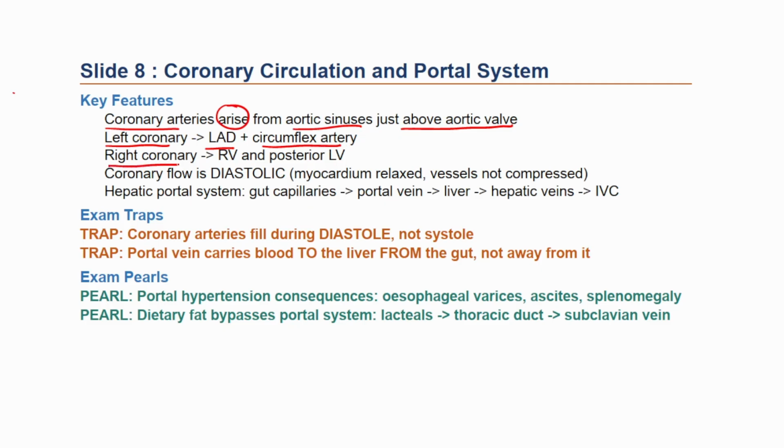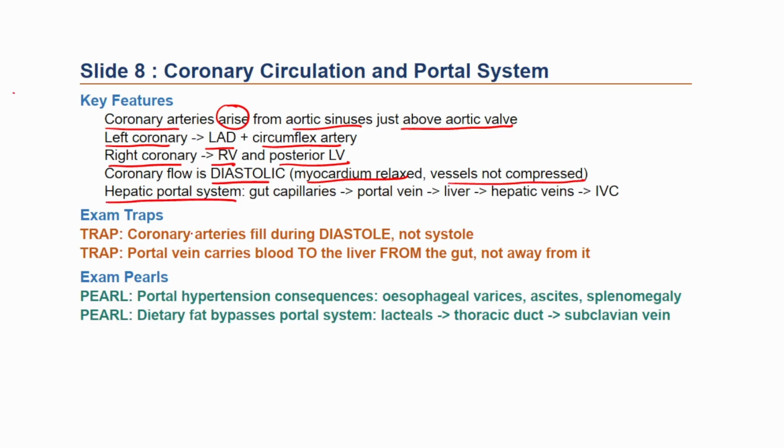The right coronary artery wraps around the cardiac skeleton to distribute blood directly to the right ventricle and posterior aspects of the left ventricle. A crucial mechanical feature dictates that coronary flow is strictly diastolic, occurring because the myocardium is relaxed and the local exchange vessels are no longer compressed by contracting muscle fibers.